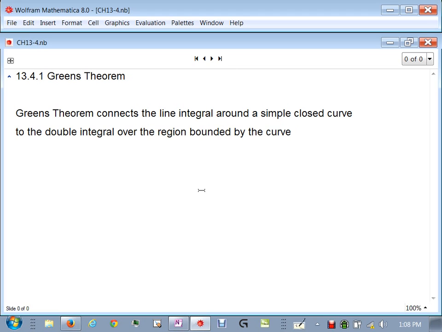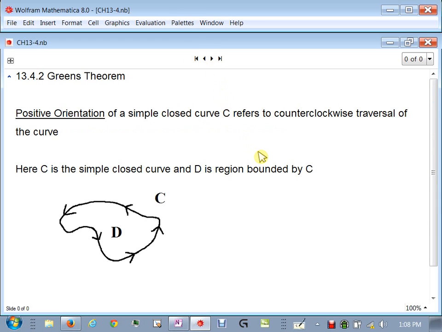But Green's theorem is a way that we connect the line integral around a simple closed curve to a double integral over the region bounded by the curve. So there is a curve C. It is a closed curve, right? Which means it comes back to itself. The initial point and end point are the same.